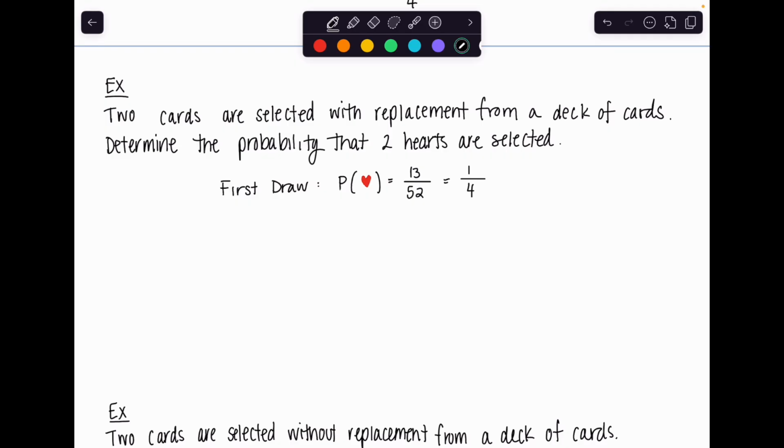Okay, so I have a 25% chance of getting a heart on the first draw. So when I'm calculating the probability that 2 hearts are selected, I'm assuming, great, the first event happened. So I've drawn that card, I've gotten a heart, which I had a 25% chance of occurring. That card then goes directly back in the deck.